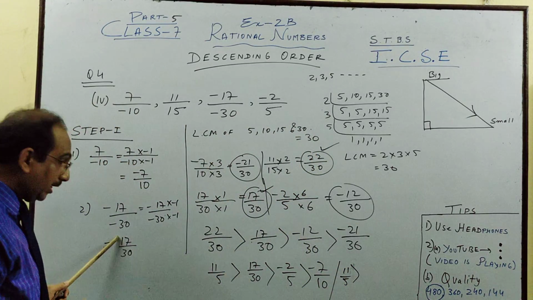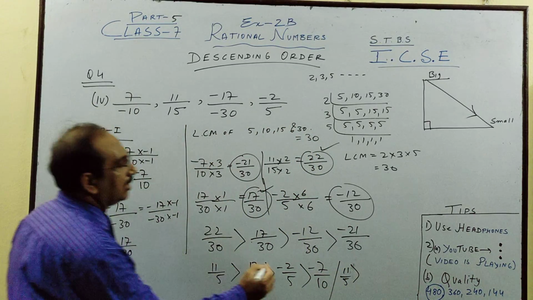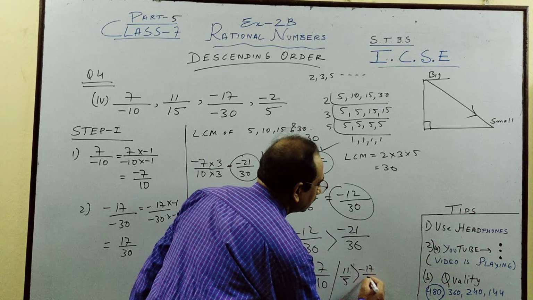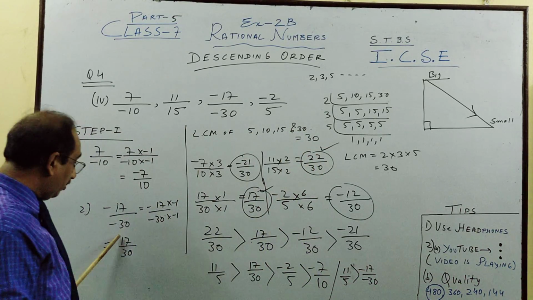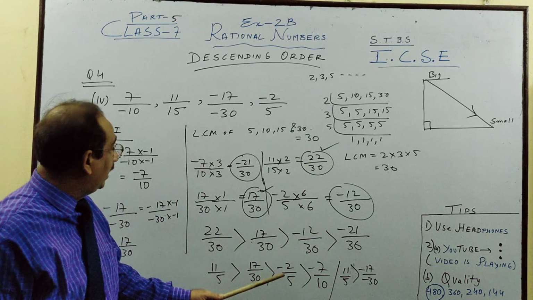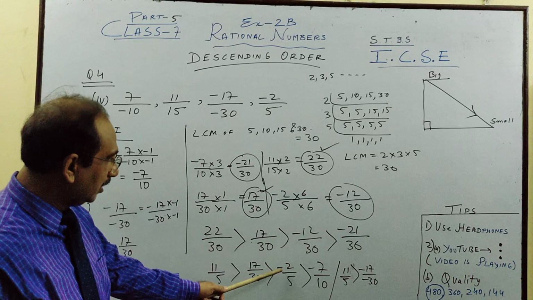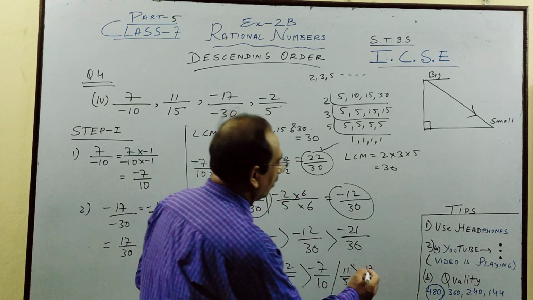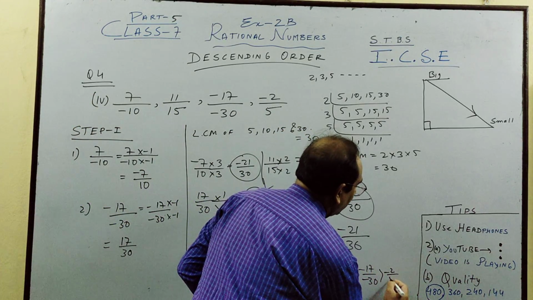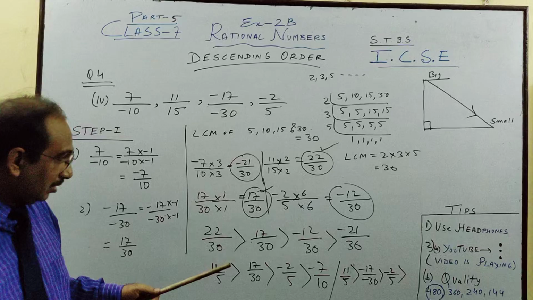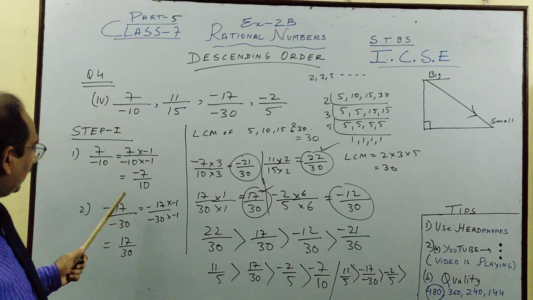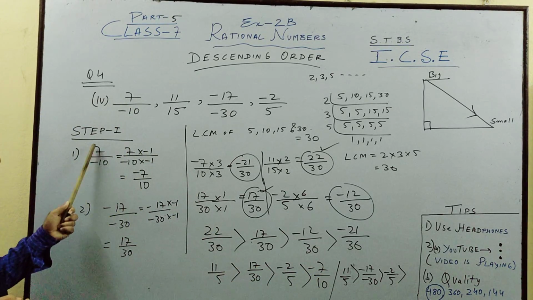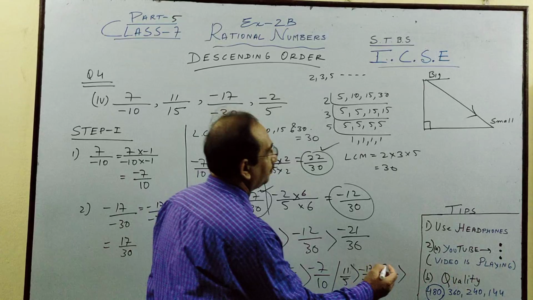17 by 30 actually is minus 17 by minus 30. Minus 2 by 5 is minus 2 by 5. But last of all, minus 7 by 10 actually is, children, 7 by minus 10.